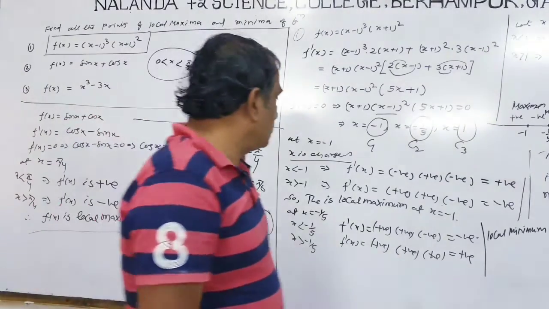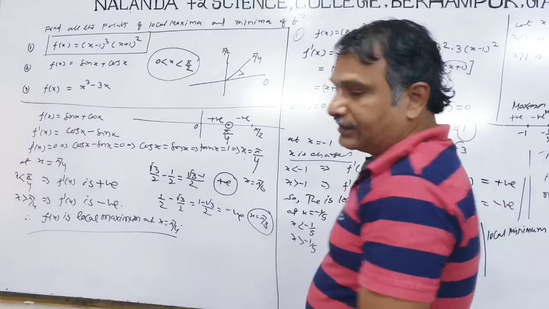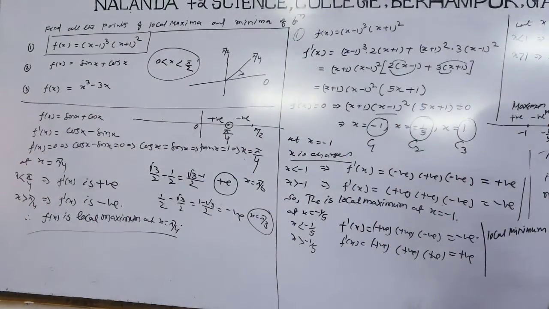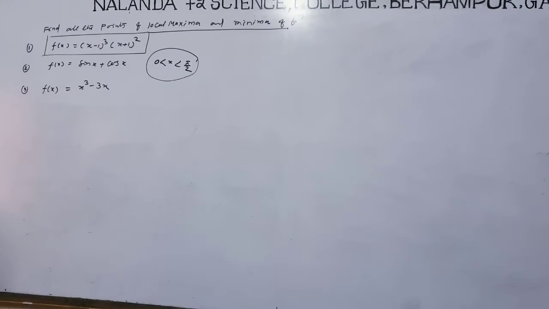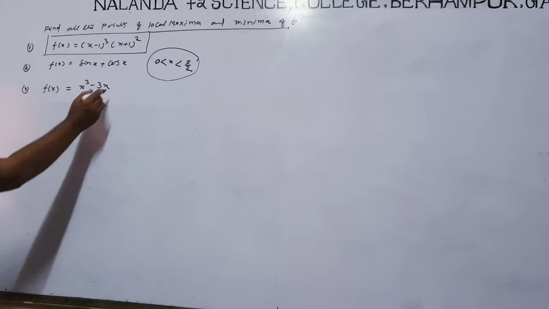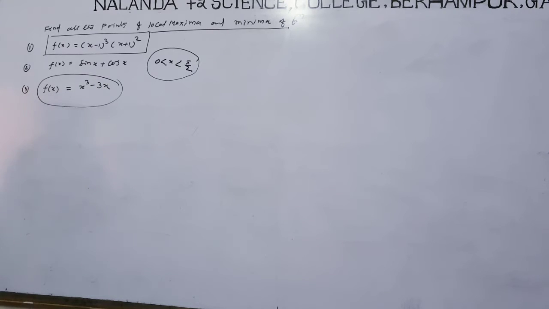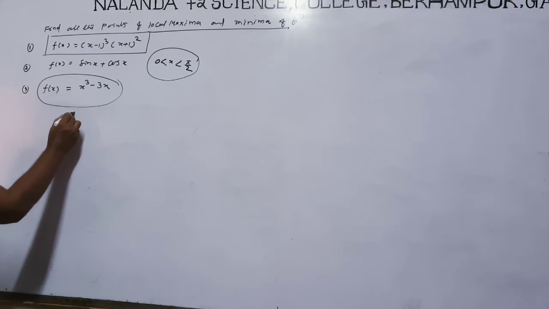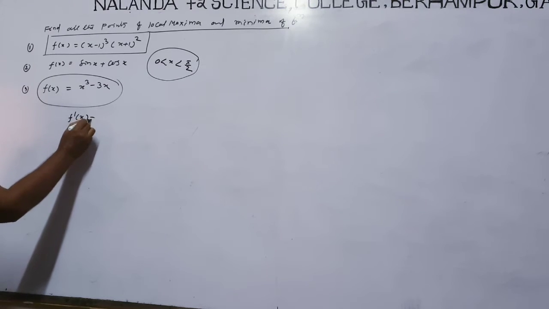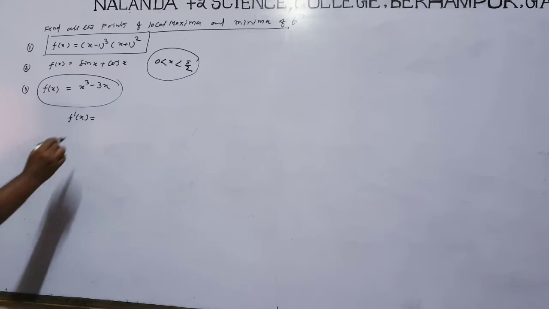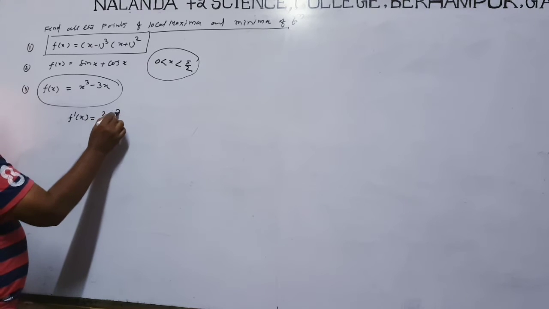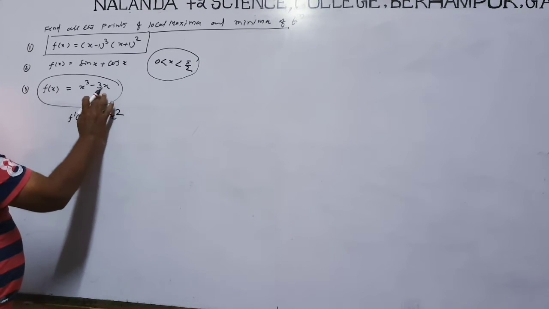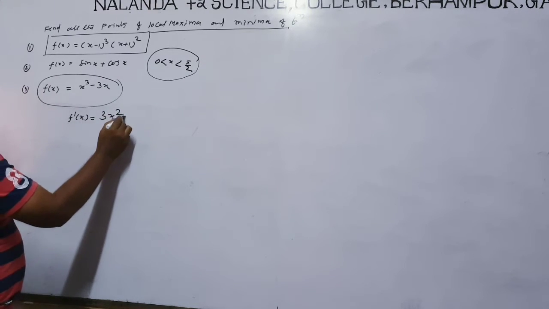Now similarly, another example, the third example, is f of x equal to x cube minus 3x. Now, what is f dash x? Find out. What is the derivative of x cube? 3x square. What is the derivative of 3x? It is 3, so minus 3.